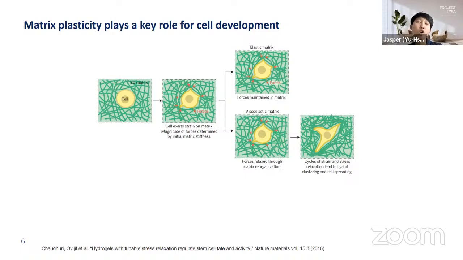You can imagine cells will have trouble expanding or dividing if the matrix doesn't allow any relaxation, any space for the cells to push against it. So you will want some viscoelasticity to some degree, not too much, just the right amount, that allows the cell to change their shape, expand, but still retain the 3D structure.